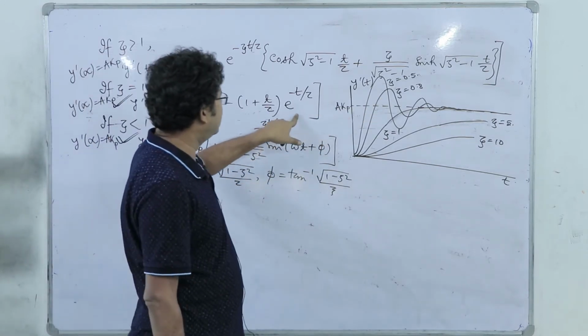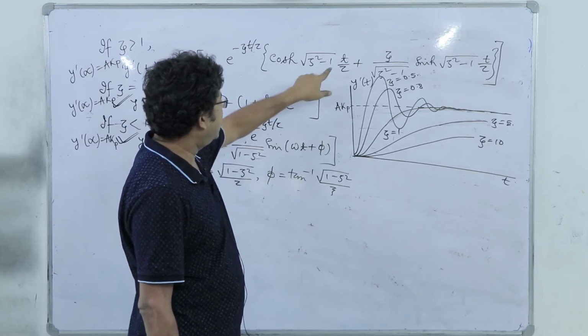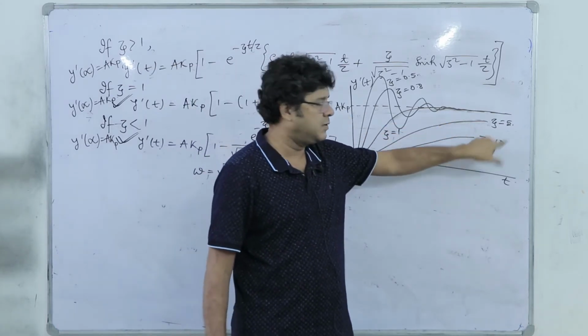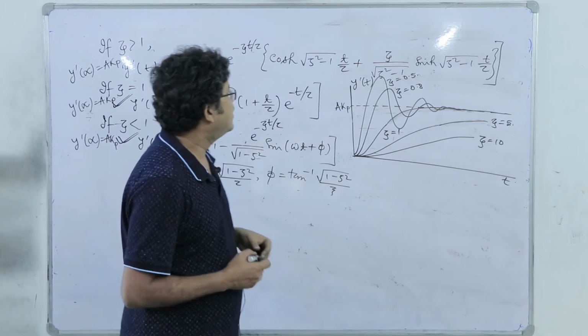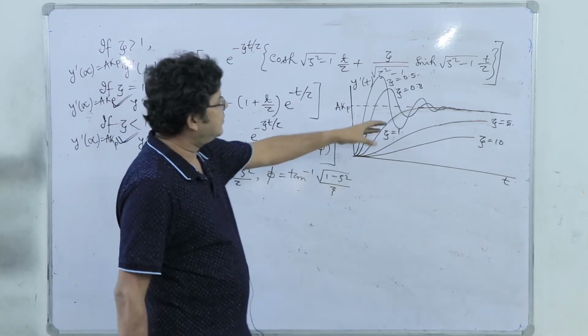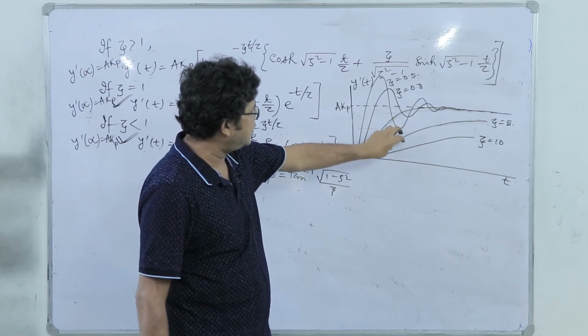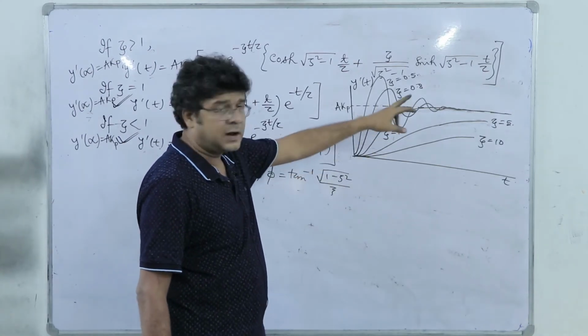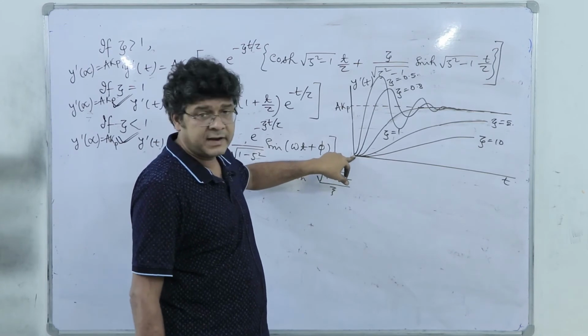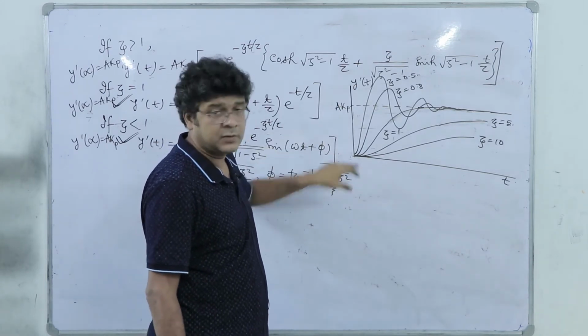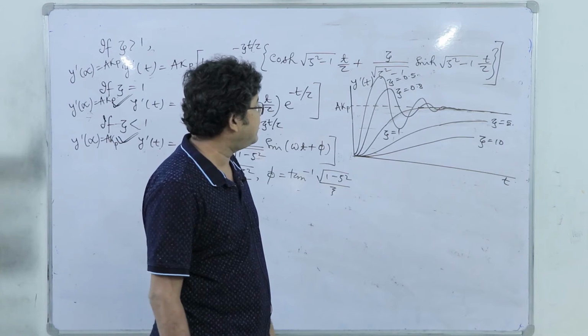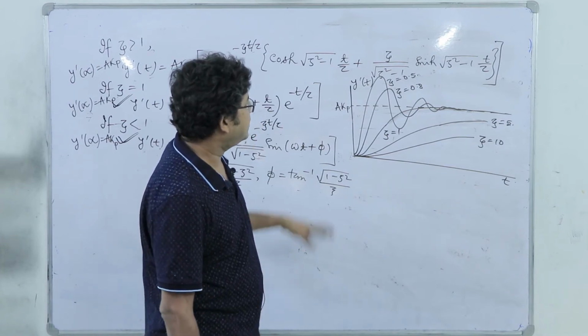Critically damped, it's a singular one, it's this one, and overdamped, these two where zeta equal to 5 and 10, right. Now, previously in first order system, the responses were pretty similar to this. Exactly, they are not the same, because here the derivative for all these functions will be 0 at time t equal to 0, right.